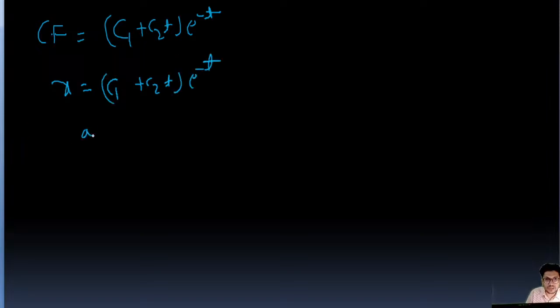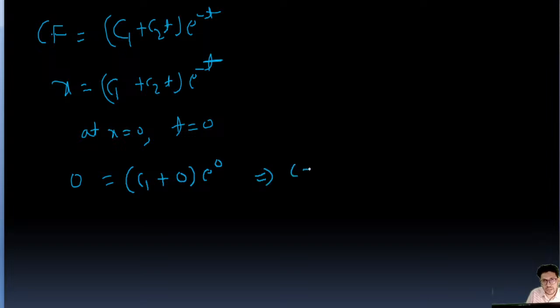Now we'll put the first condition, at t equal to 0, x equal to 1. So c1 plus 0 times e to the power 0, this means the value of c1 is 1. Now this equation is x equal to 1 plus c2t e to the power minus t.